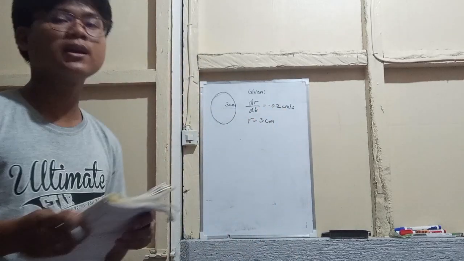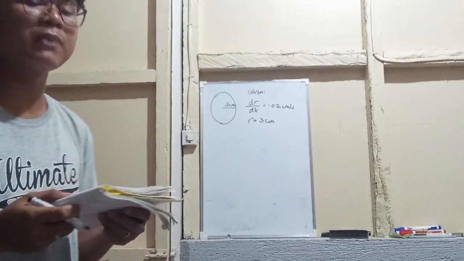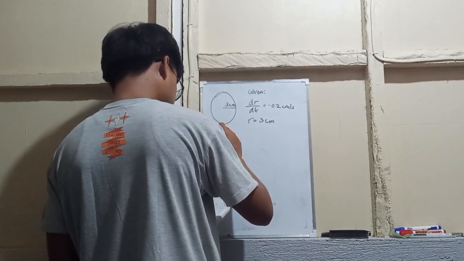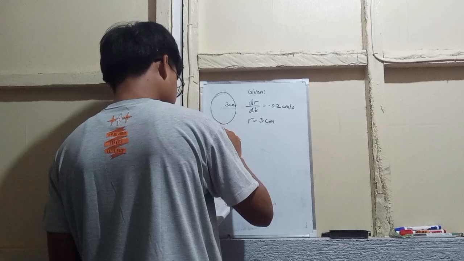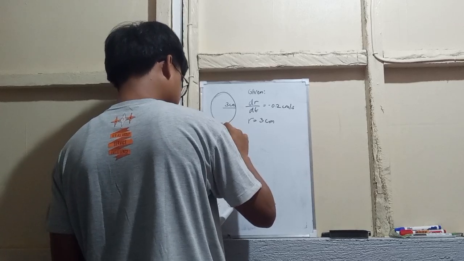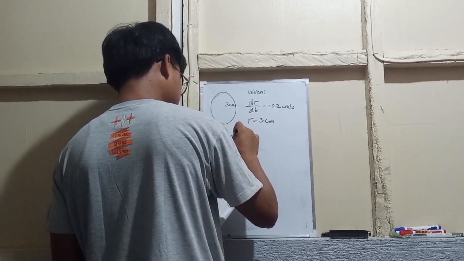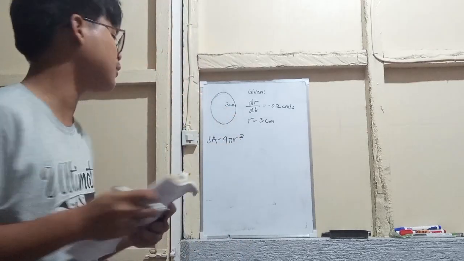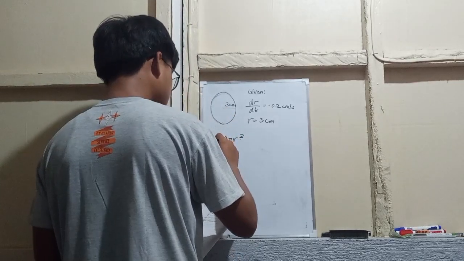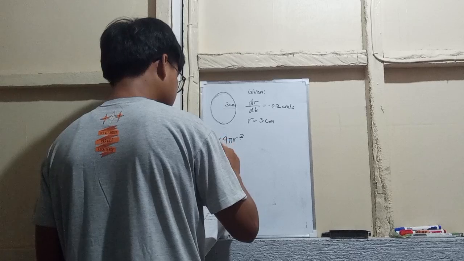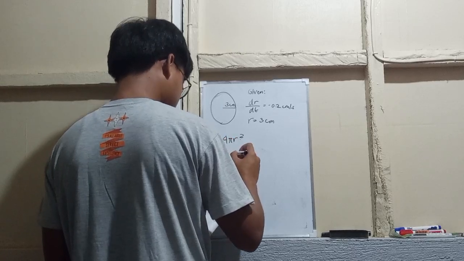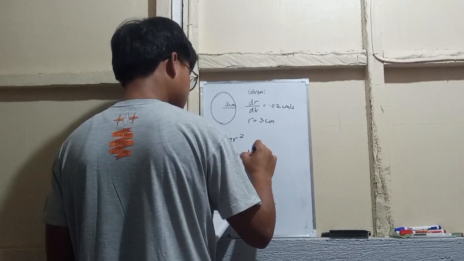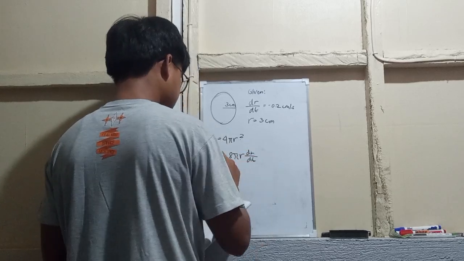So now, in getting the surface area of a sphere, we know that the formula is surface area equal to 4 pi r squared. Now, we'll differentiate the formula, so we will get dSA over dt is equal to 8 pi r dr over dt.